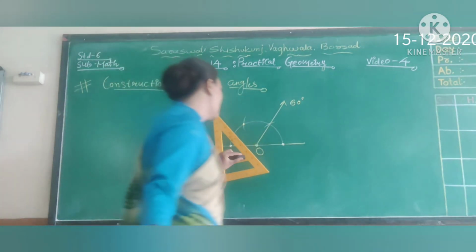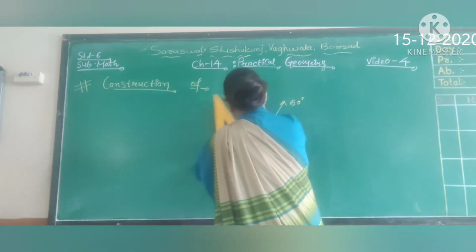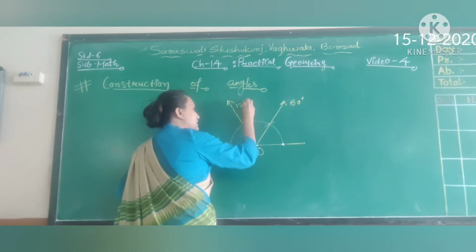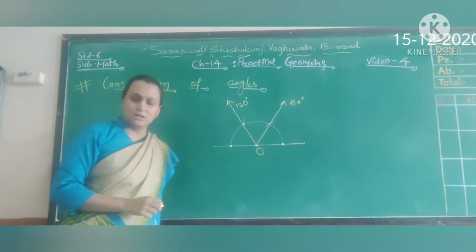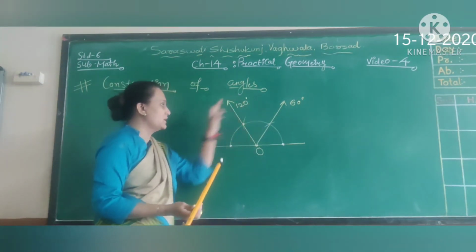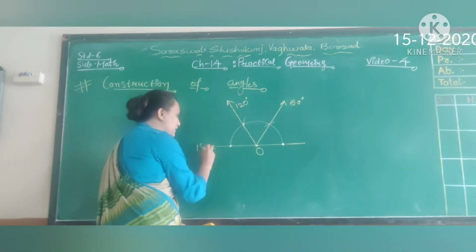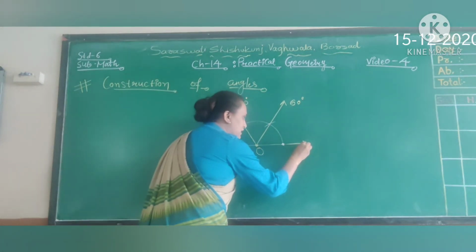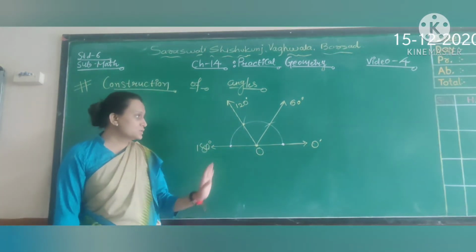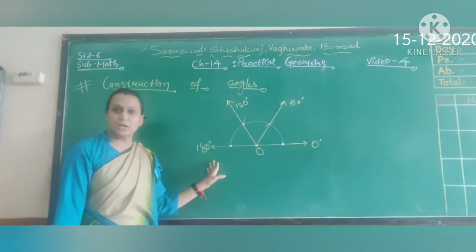Now let us join it to the center O. If you measure this, the measurement of the given angle is 120. Okay, 60 stays there, this is 60, this is 120. And if you measure this much, this is your 180, and here we have taken 0 degree. Clear? So these are the four basic angles: 0, 60, 120 and 180.